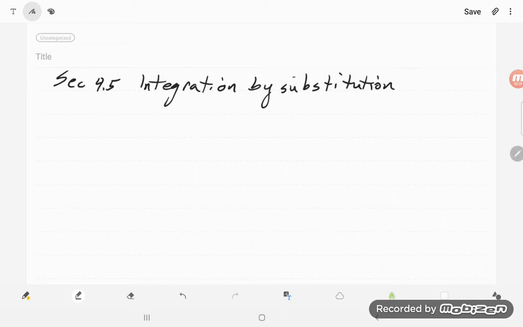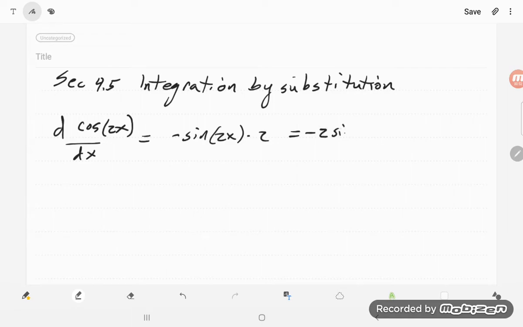So, if I had something like the function cosine of 2x, and I take its derivative with respect to x, that's going to be negative sine of 2x times 2. Or I could write it as minus 2 sine of 2x.